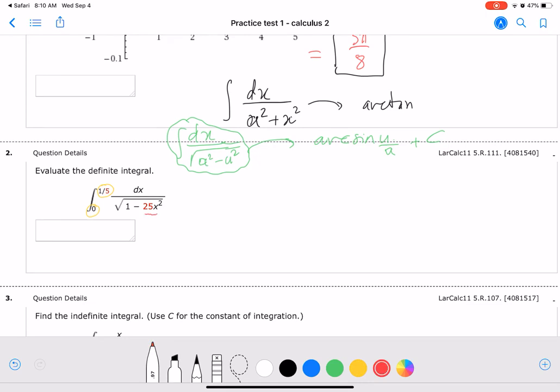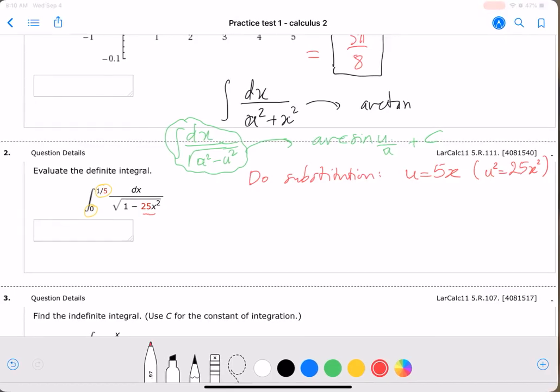Since I have 25x squared in here, I will do a substitution: u equal to 5x. Why? Because u squared is 25x squared. So that's why I do this substitution.